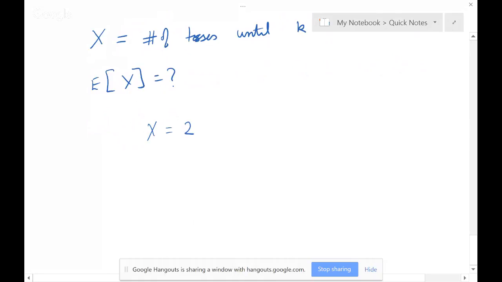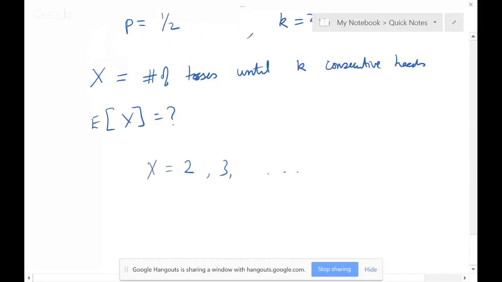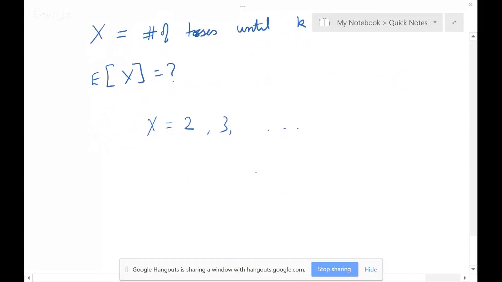I'm just thinking out loud here: 3 and so on. So the outcomes are k consecutive hits. What you're allowed is multiple tails, heads, tails, and so on. But when you have two heads, that's when you stop. So you cannot use linearity.